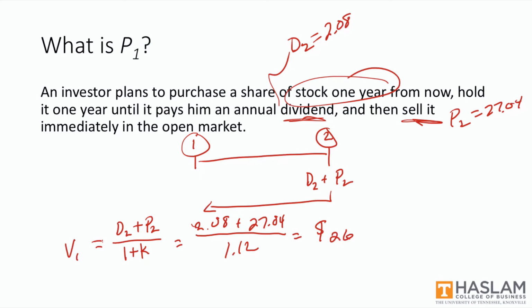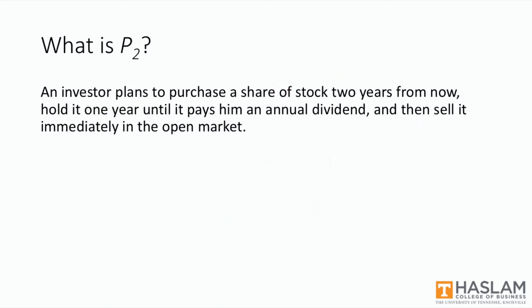Now, how can we think about P2? Unfortunately, we can roll forward once again as before and repeat this process again for a future one-period investor. We need some inputs once again, and so this time we'll have D3. Let's make that $2.16, and the sales price, we need a P3.